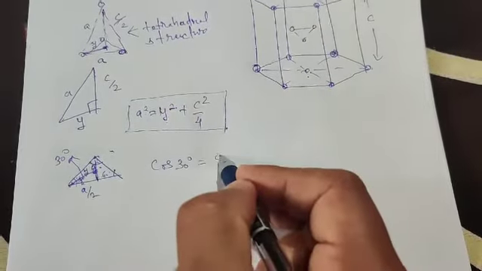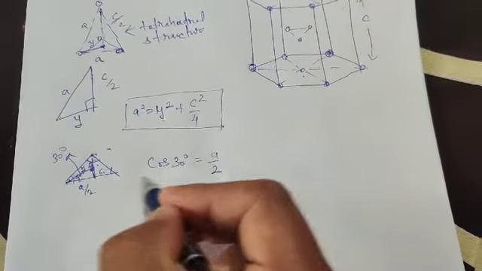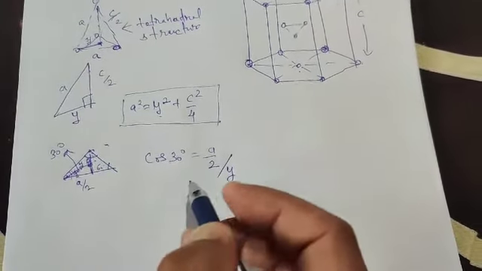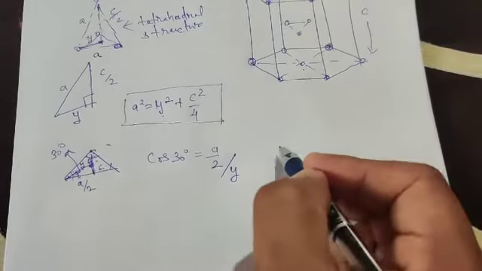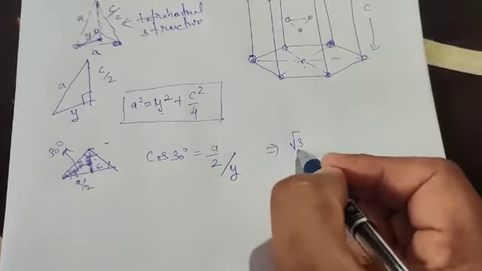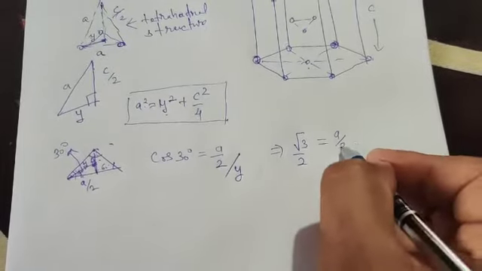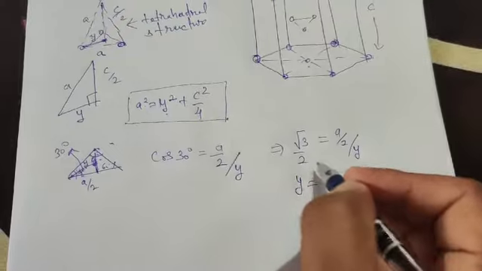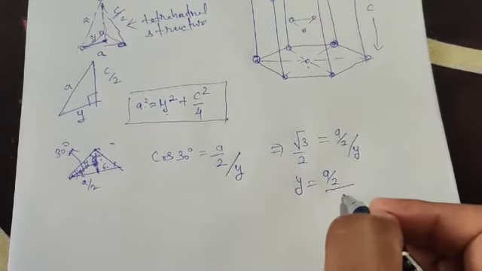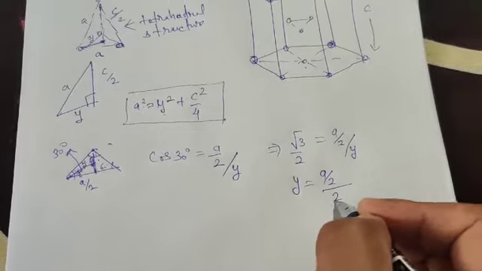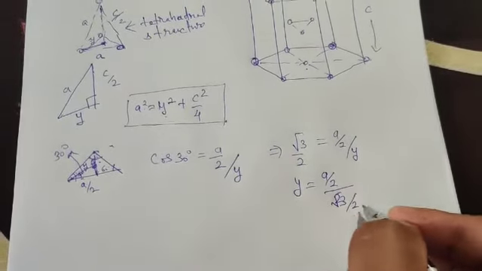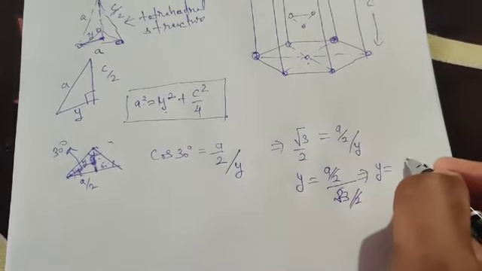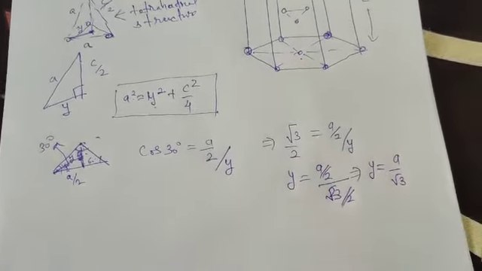Base is A by 2 and hypotenuse is Y. So cos 30 degree is under root 3 by 2, equal to A by 2 upon Y, so Y will be A by 2 times 2 upon under root 3, so the 2 will be cancelled, so Y will be A upon under root 3.